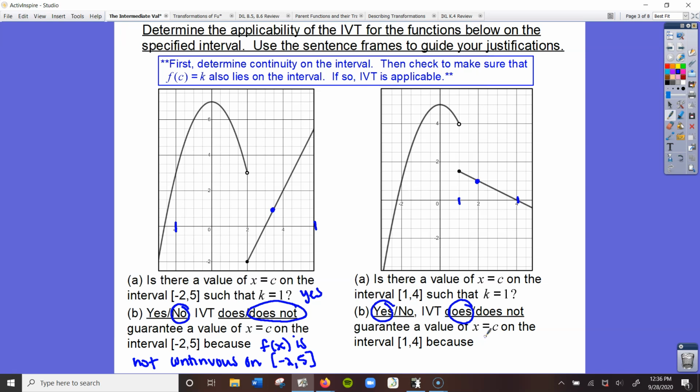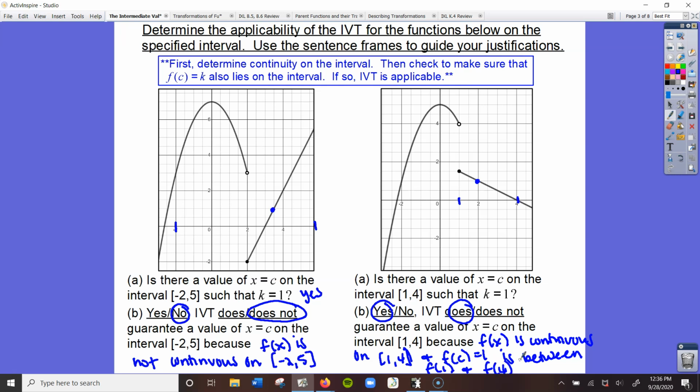And we would say because f of x is continuous on the interval 1 to 4, and f of c is equal to 1 is between f of 1 and f of 4.